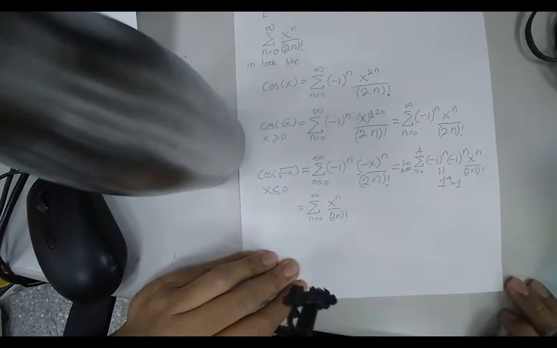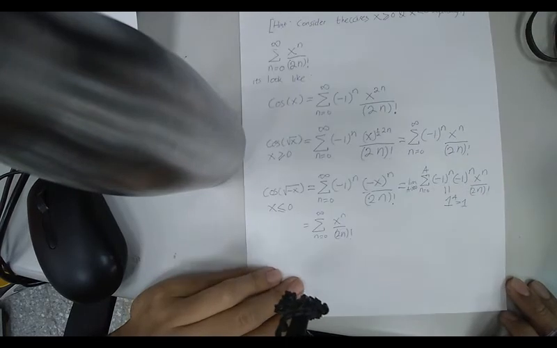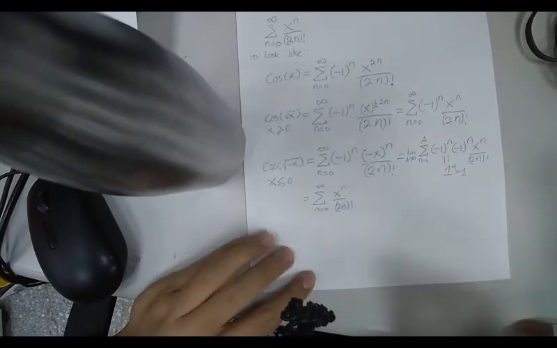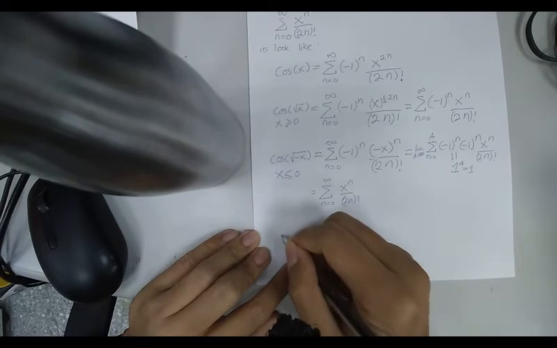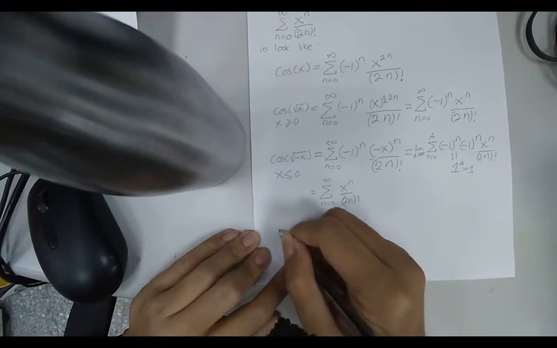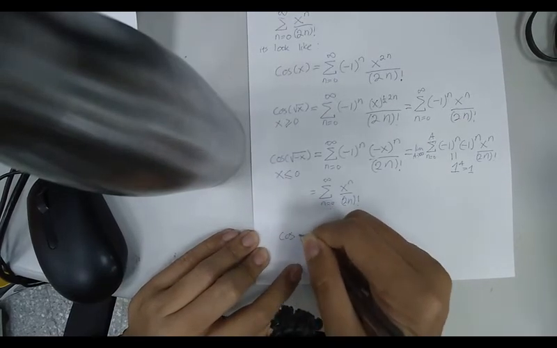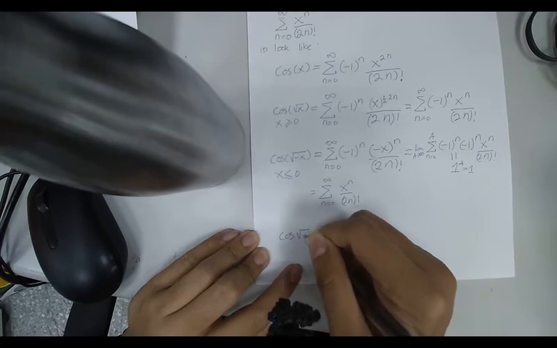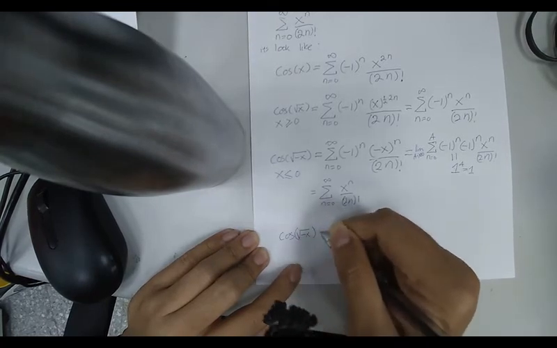Now, we need to find x such that cos of square root of minus x equals 0.